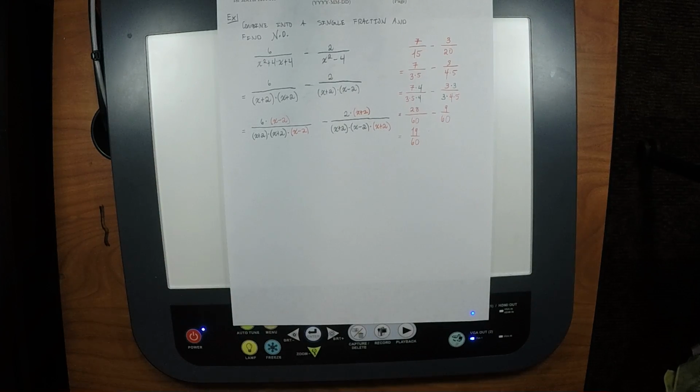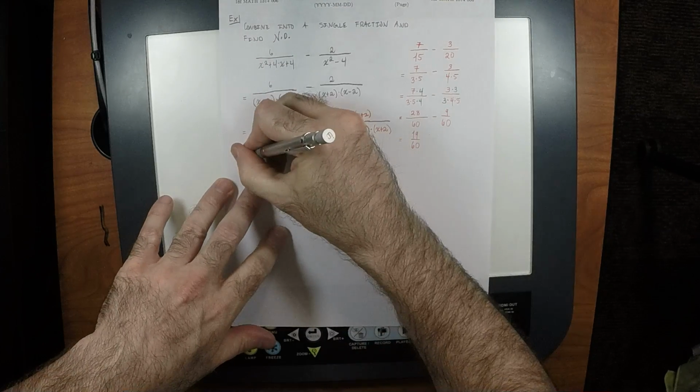From here, it's just a matter of collecting like terms.